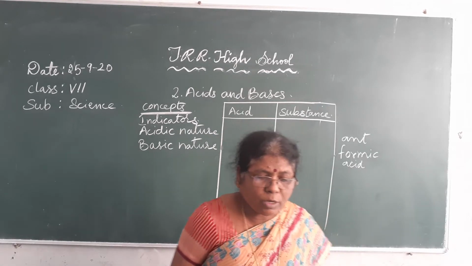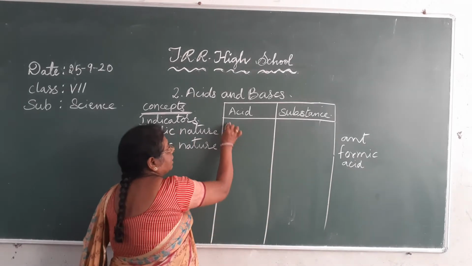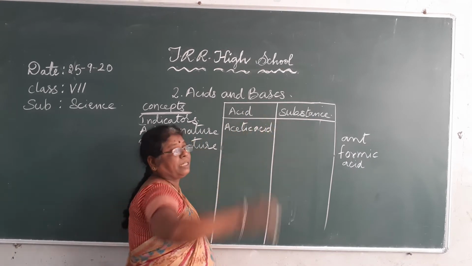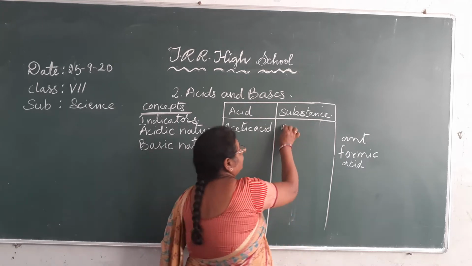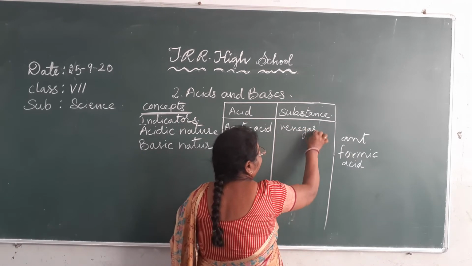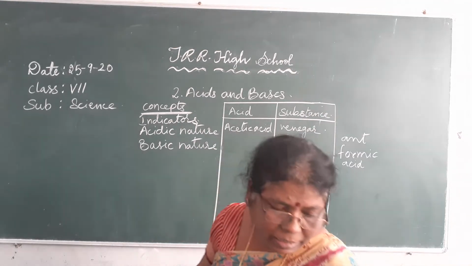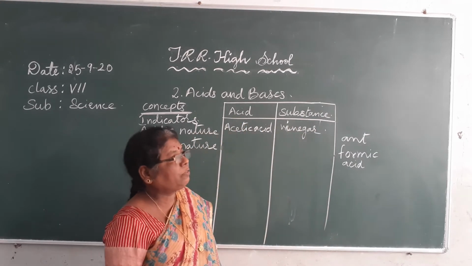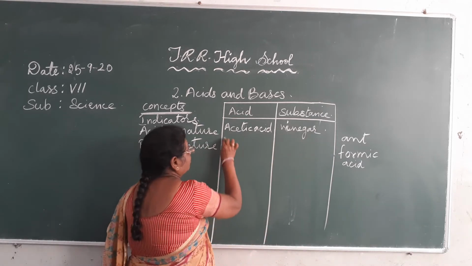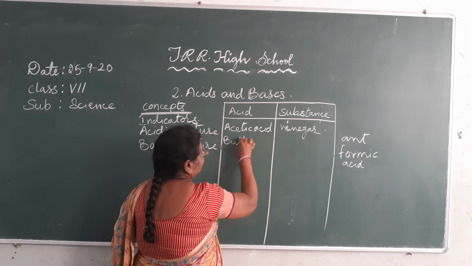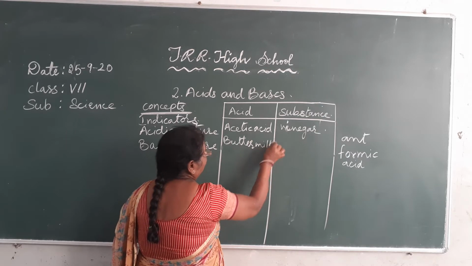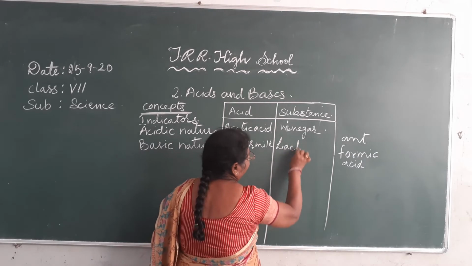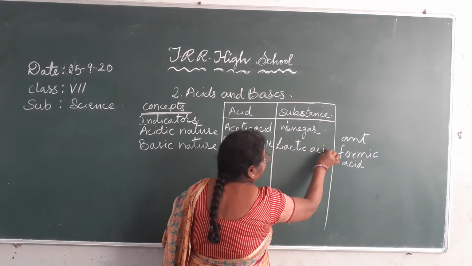For example, acetic acid is present in vinegar. Buttermilk and curd have lactic acid.